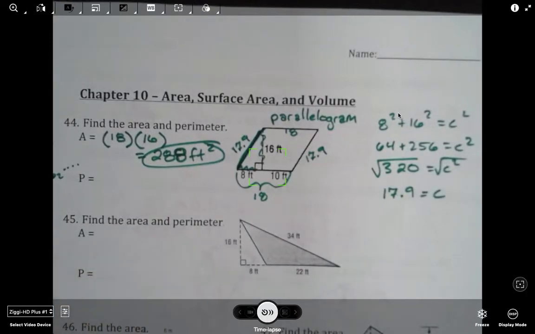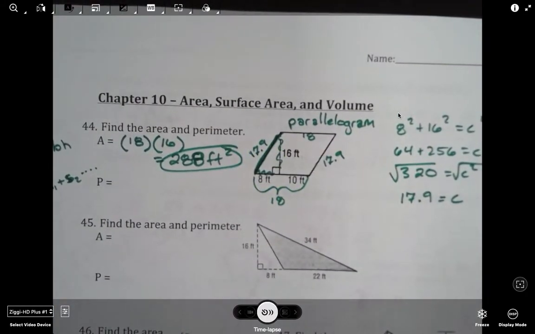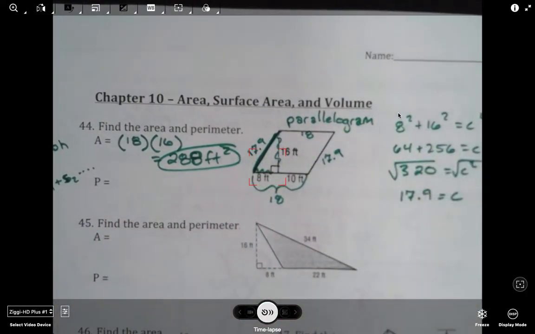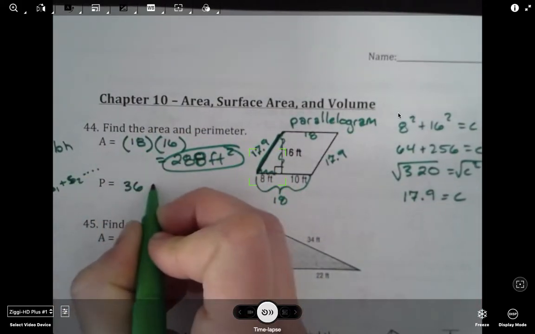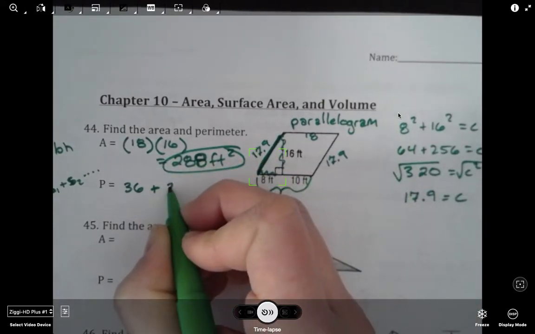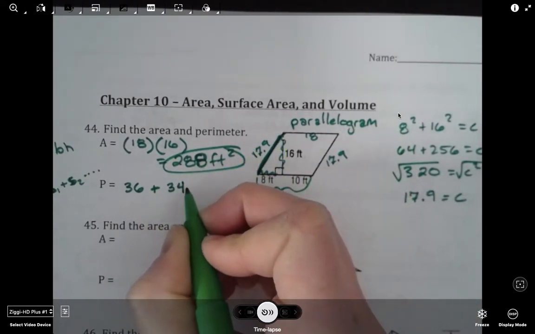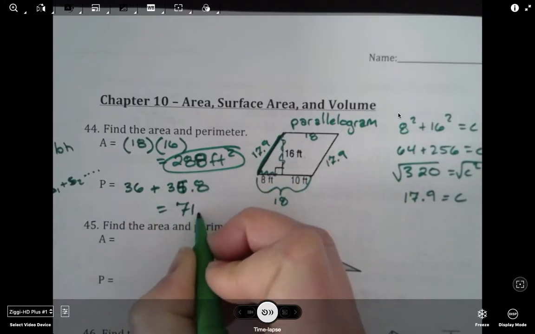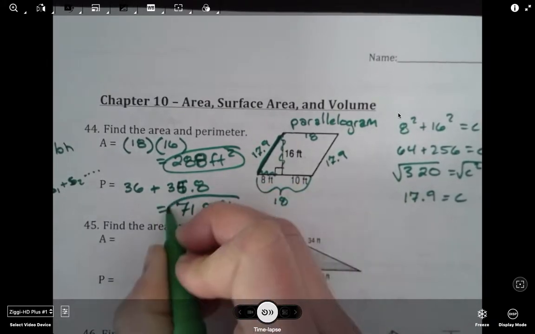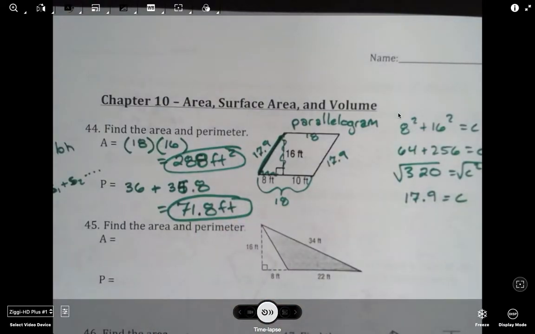So if I add all of those together, really, I just add the 18s together. That's 36 plus the 17.9s added together is 35.8. 71.8. 71.8 feet. Squared? No, just 71.8 feet.